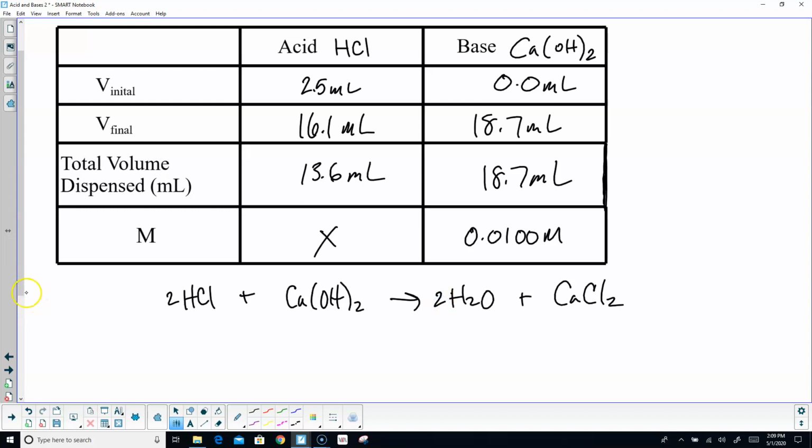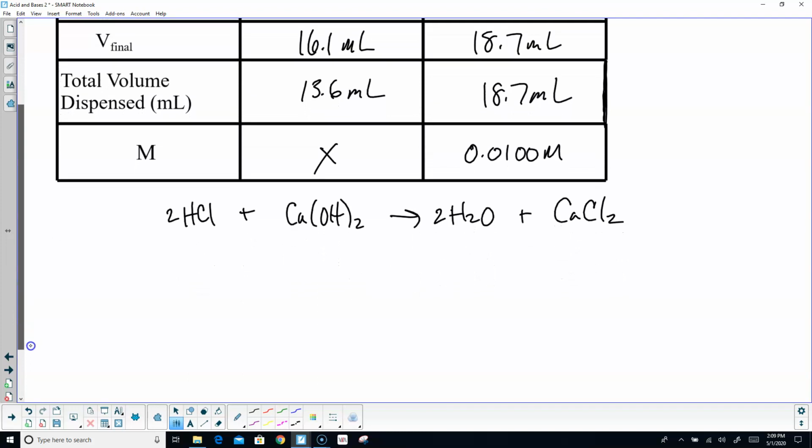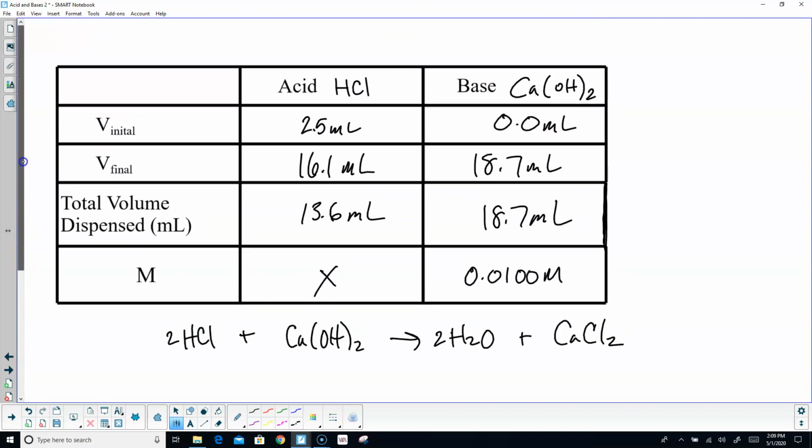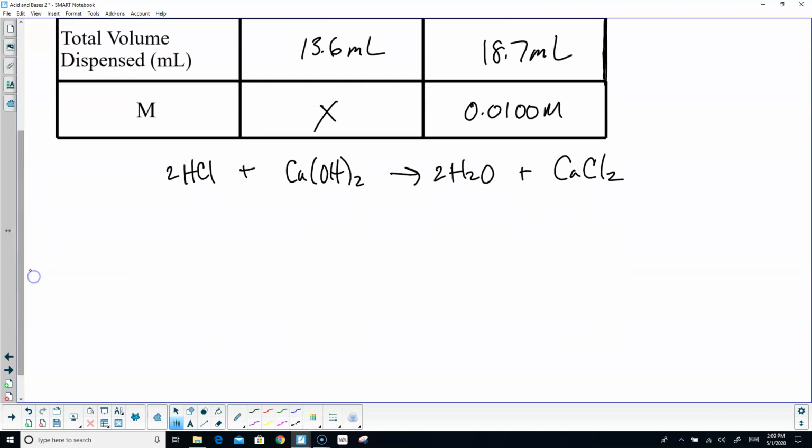Okay, so then this is just really like the other problem. We know a concentration and 2 volumes. So this one was I think that was the base, wasn't it? Yeah, the calcium hydroxide. So once again, the molarity is 0.0100 molar. We do not know the number of moles, but we do know the volume. 0.0187, that's 18.7 mils turned into liters.